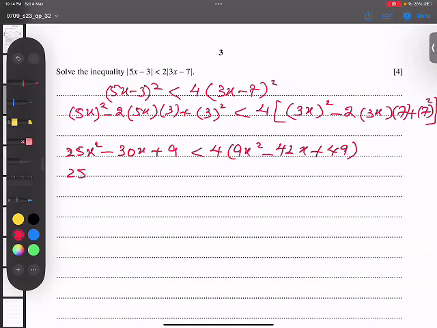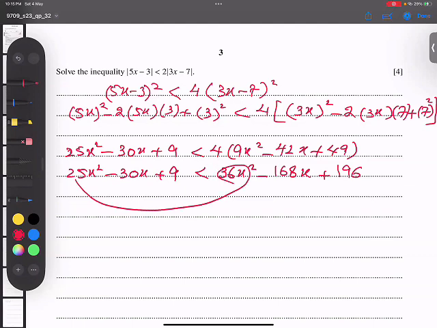4 multiplies inside. We get 36x to the power 2, and 42 into 9 into 4 is 168. In the same way, 49 into 4 is 196. Okay, students, this will go and subtract.